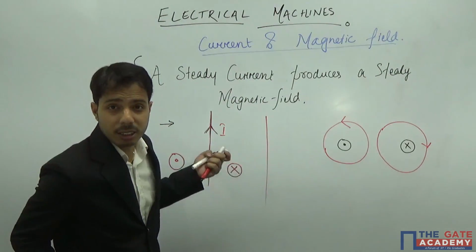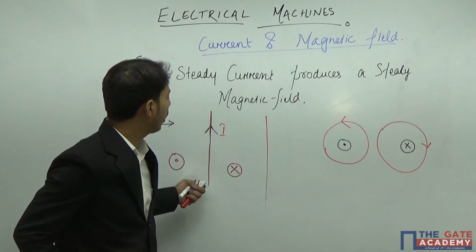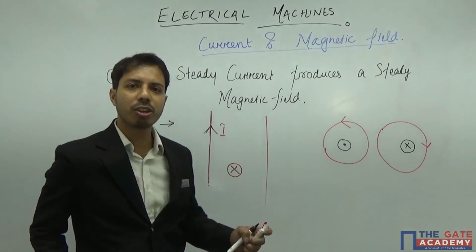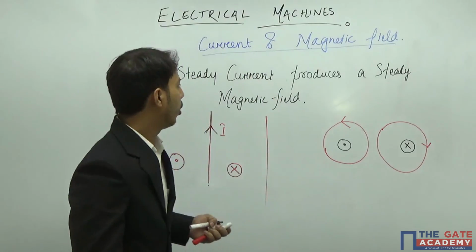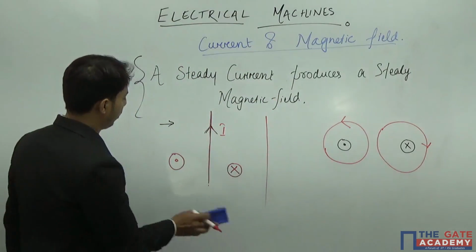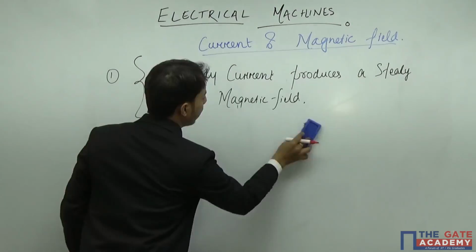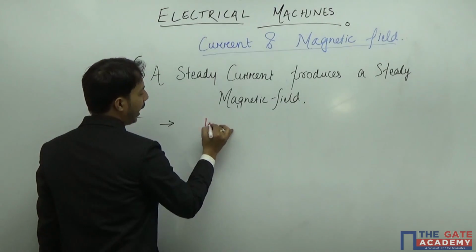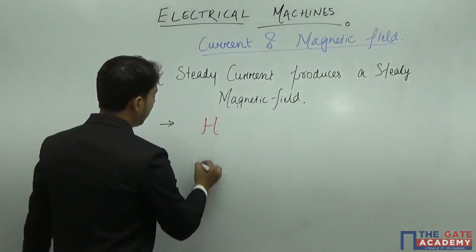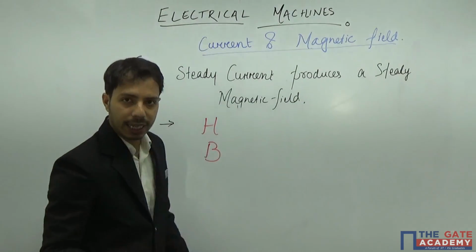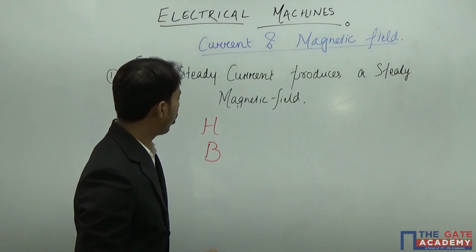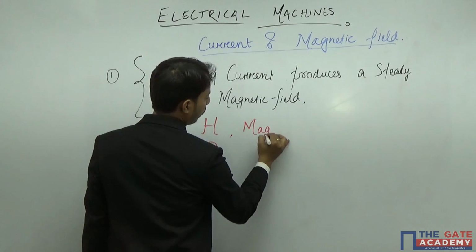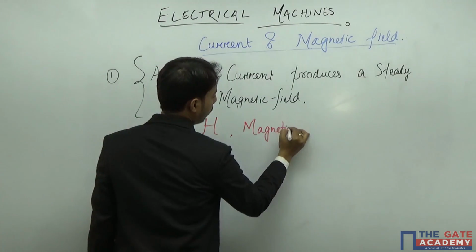Suppose we need to calculate the strength of this particular field. The strength of a field can be denoted in two ways: by H or by B. H is the magnetic field intensity.